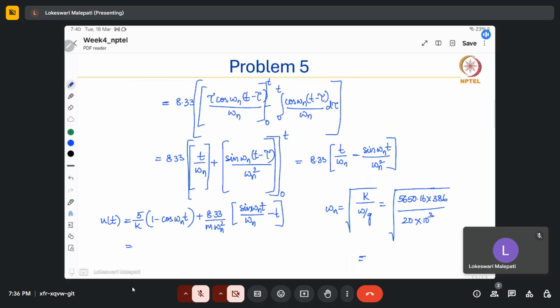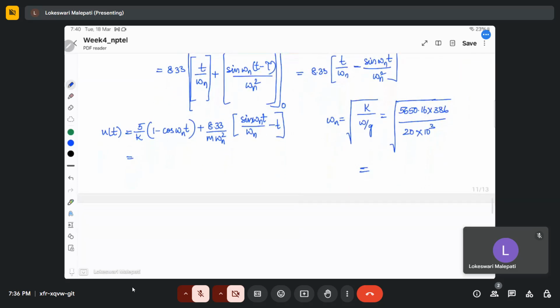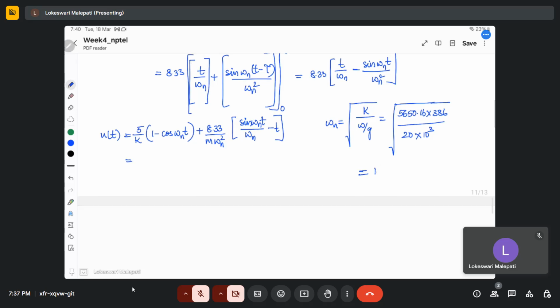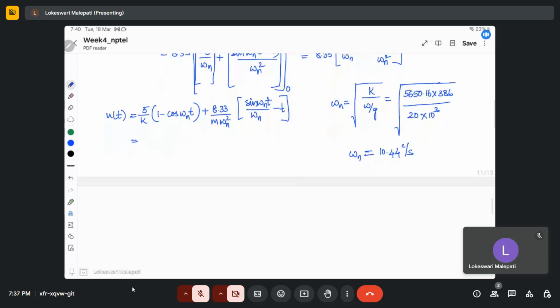This gives a value of omega n equal to 10.44 radians per second. So now we have all the values.